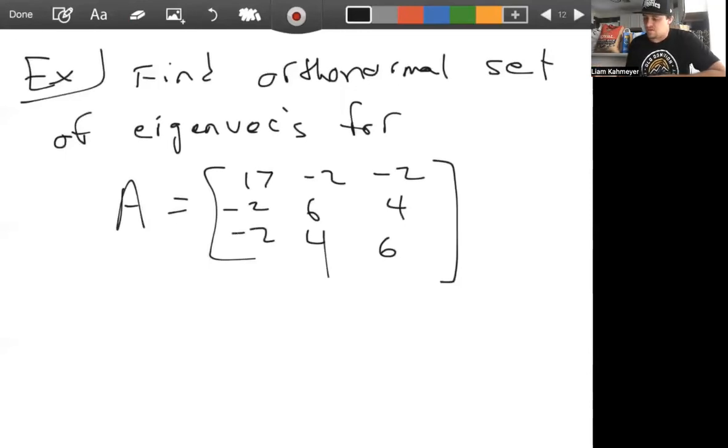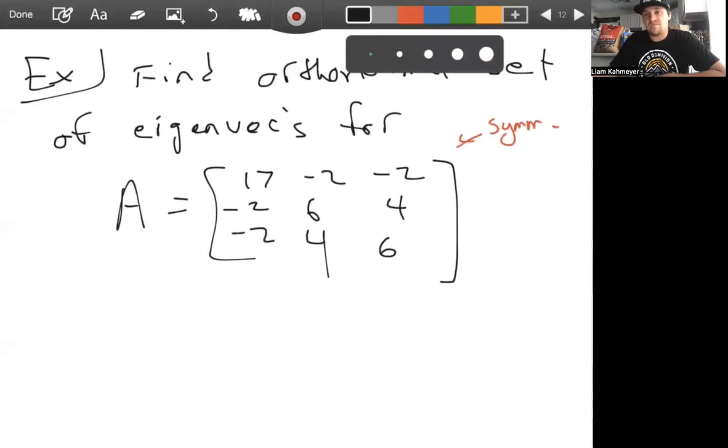Right? And you can tell this is symmetric. So what does this mean? Well, this means we expect that the eigenvalues are real, right? And distinct. And also that the eigenvectors are orthogonal, but we'll get to that first.